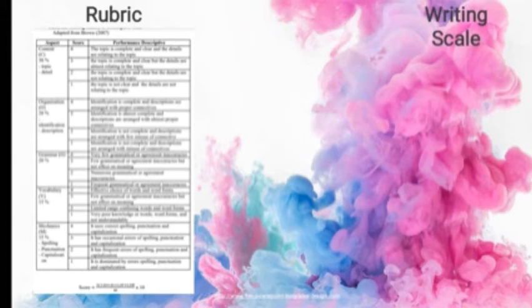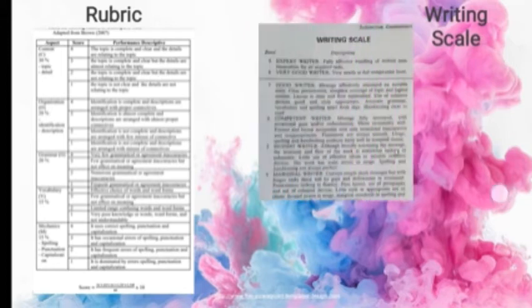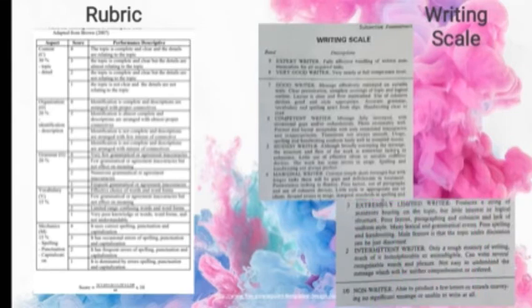And next we talk about the writing scale. What is the purpose of the writing scale? It is to help teachers understand what a progression looks like in student writing. This is the writing scale. There is a band, and the band is the score. Beside the band there is also a description of each band from 1 or 0 until 9.